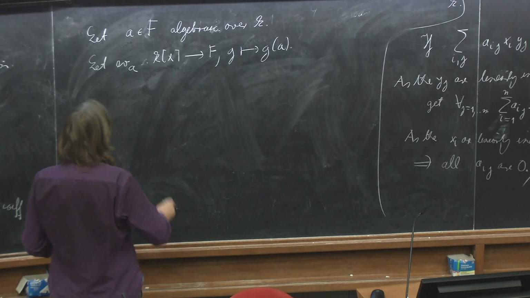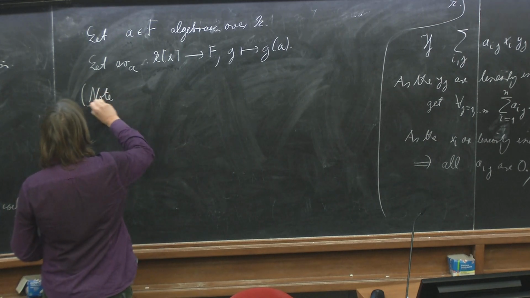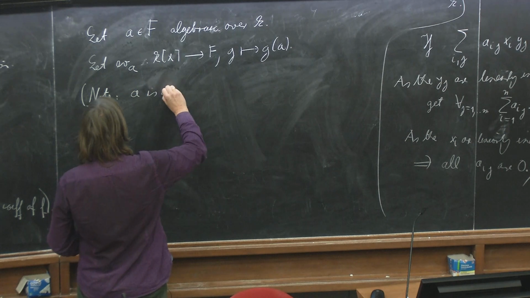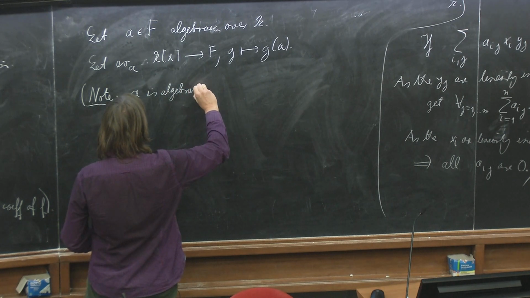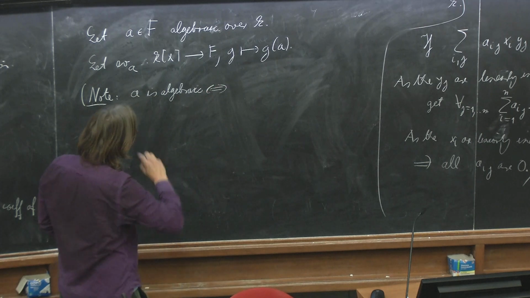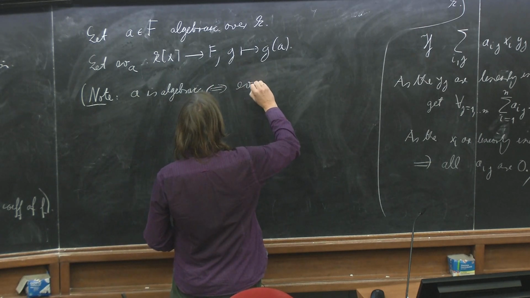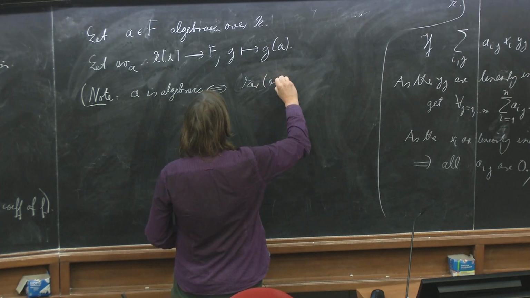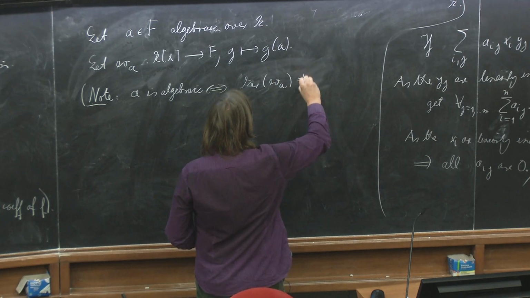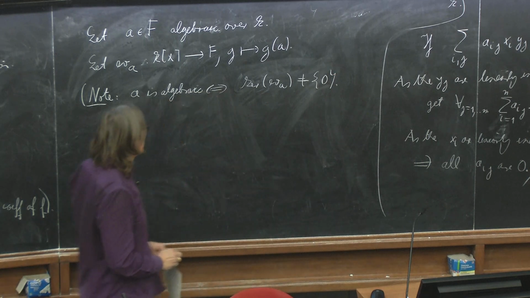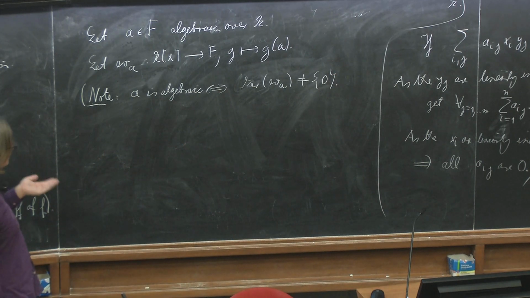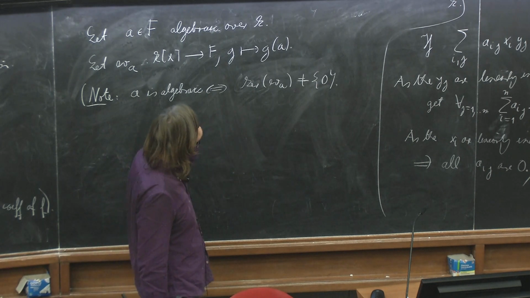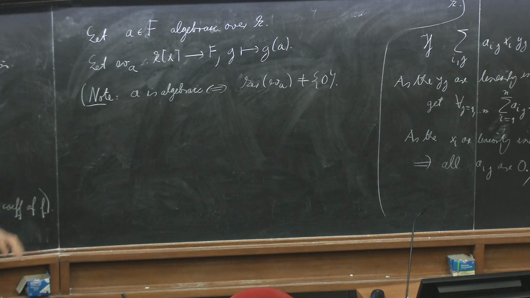And by definition, we note that the condition that A is algebraic is equivalent to the kernel of the evaluation homomorphism being different from 0. Because by definition, A being algebraic means there's a non-zero polynomial such that if I put A into the polynomial, I get 0, which is precisely this statement.